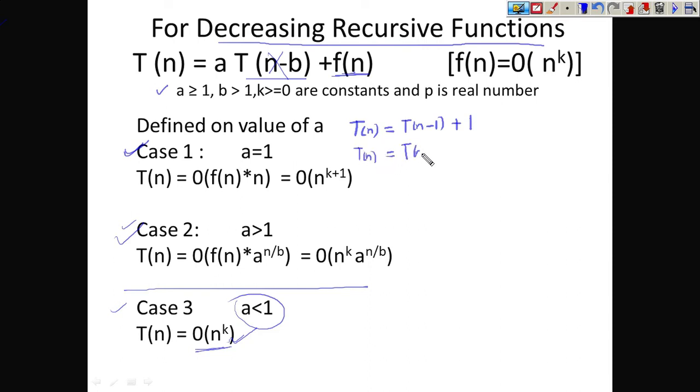Let's say T(n) equals T(n-1) + n. And T(n) equals T(n-1) plus, let's say the function is big O of n log n.